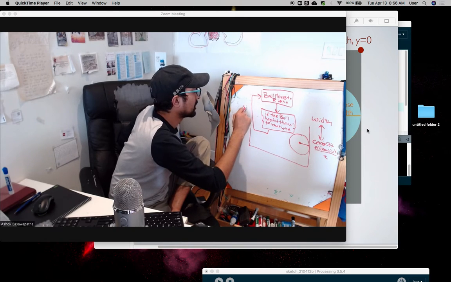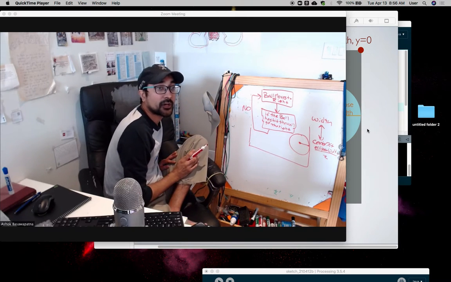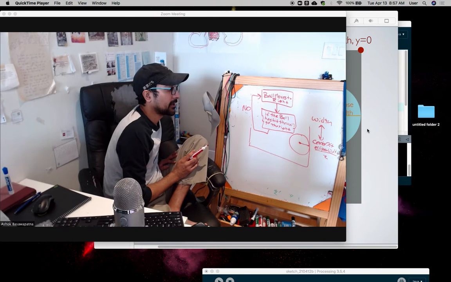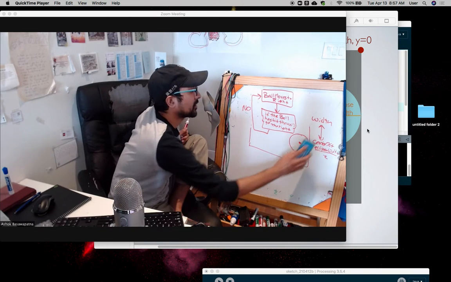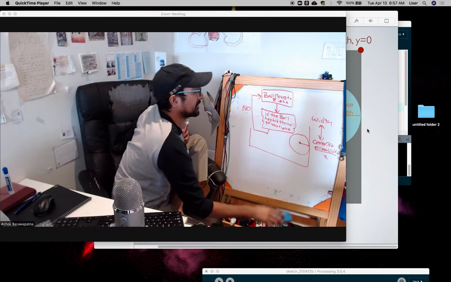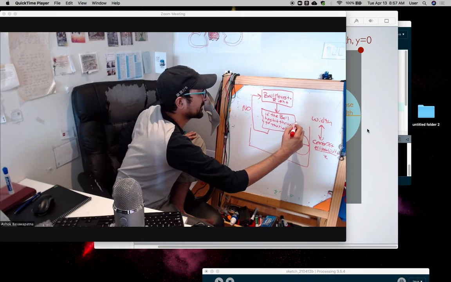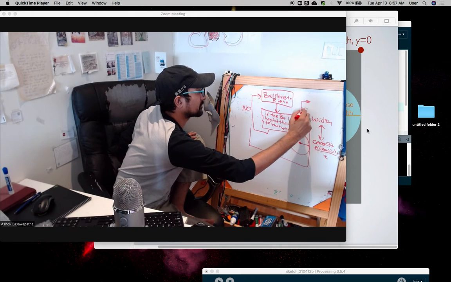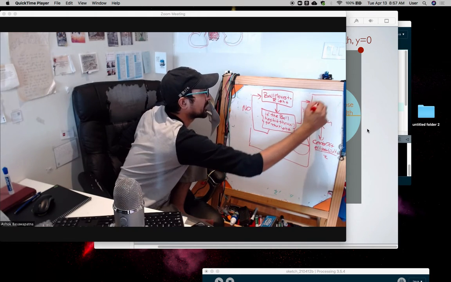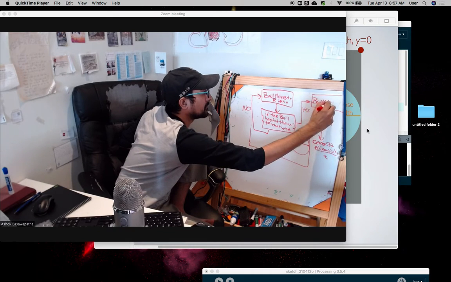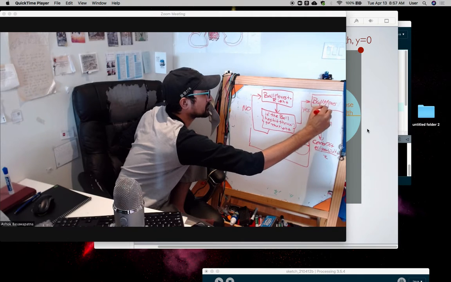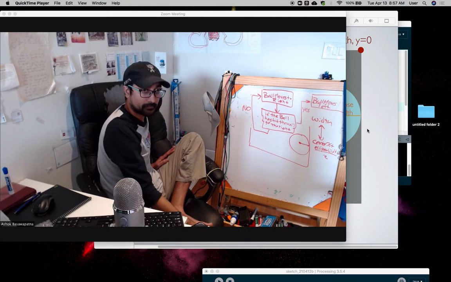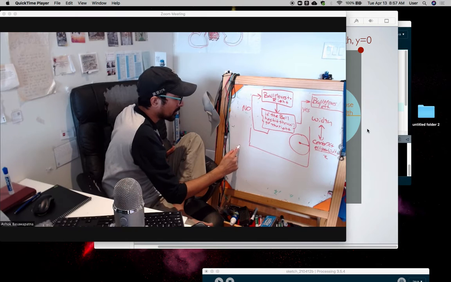If no, then the ball keeps on moving to the right. Now, the interesting part, obviously, is if yes, well then the ball moves to the left.